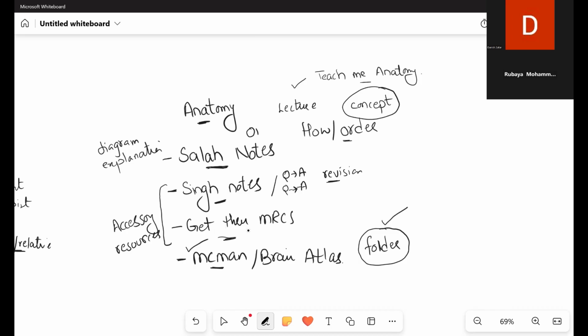Then you have the Get Through MRCS. It's a very good resource. It has very good scenarios. Now, these scenarios are for those days when you have done other resources very well. They will add information and give you more concept.